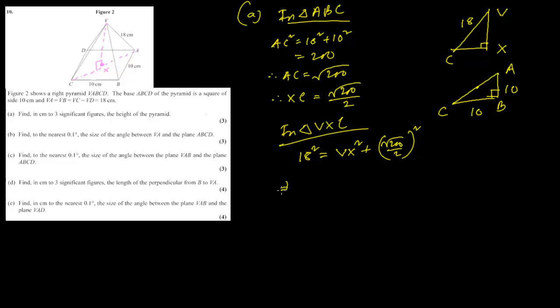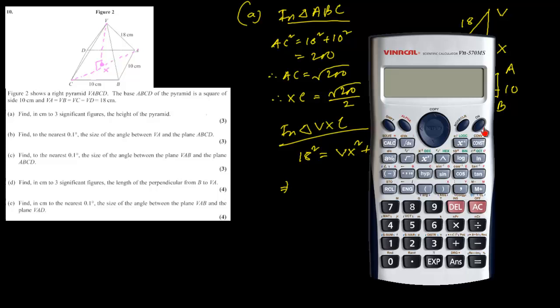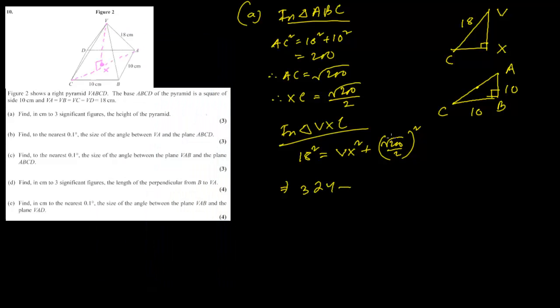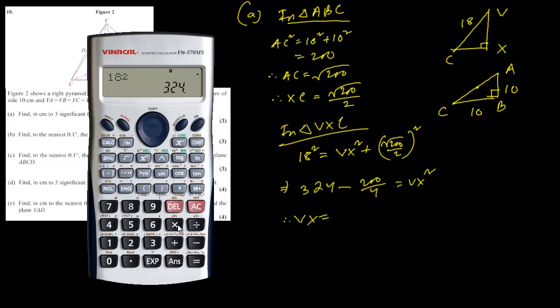So 18 squared is 324. 324 minus square root of 200 whole squared is 200. 2 squared is 4. So this is VX squared. So therefore VX equals, this would be minus 200 divided by 4, which is 50.